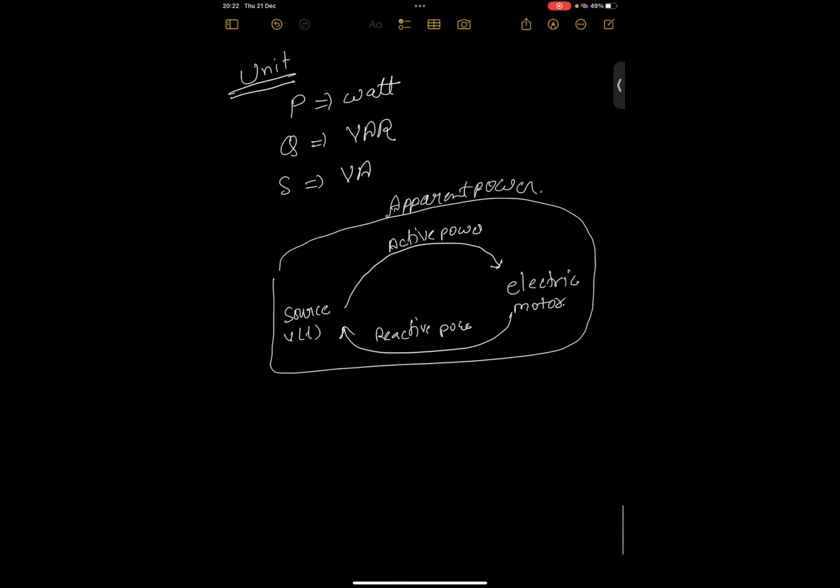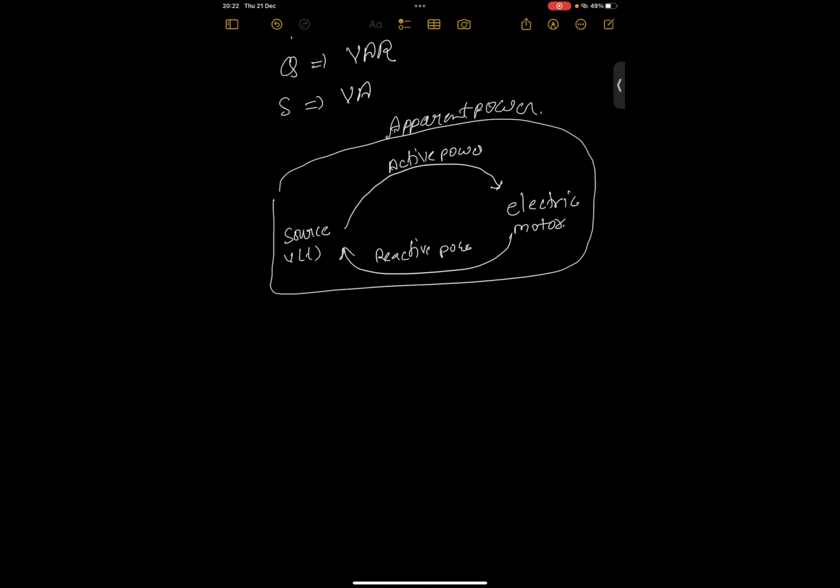See, L and C have active power P equal to 0. Remember this one. Okay, series parallel combination given active.